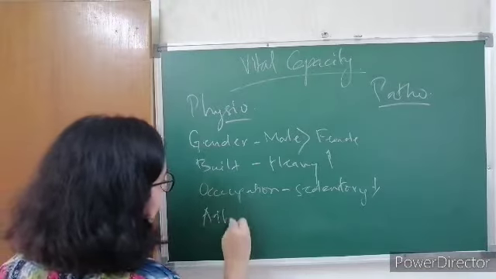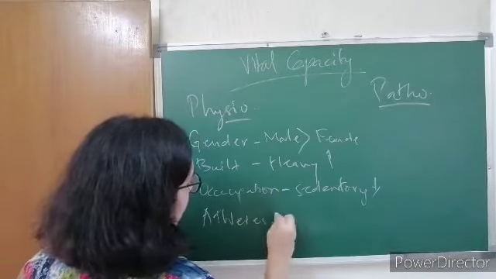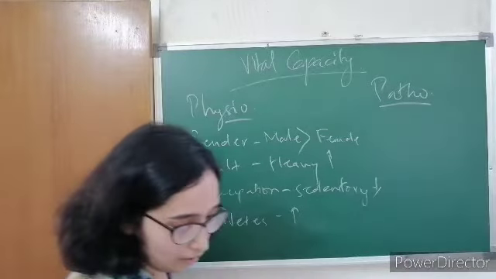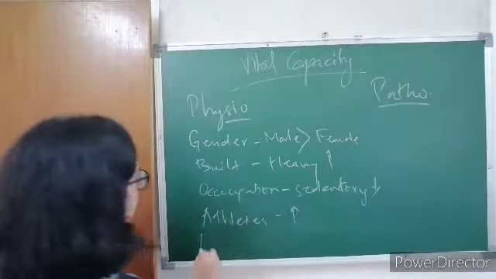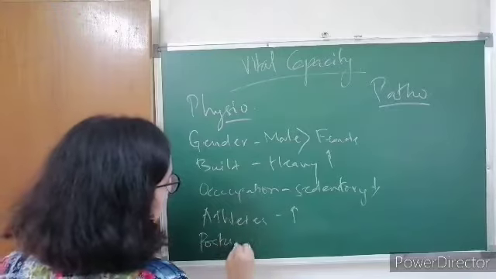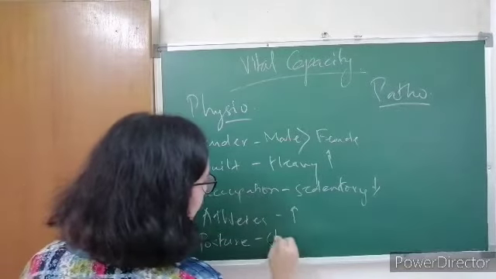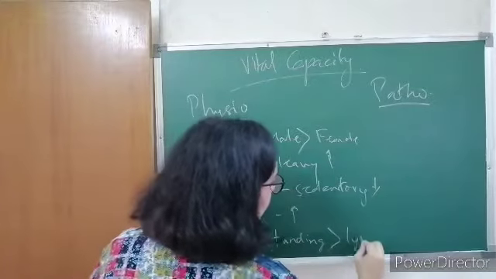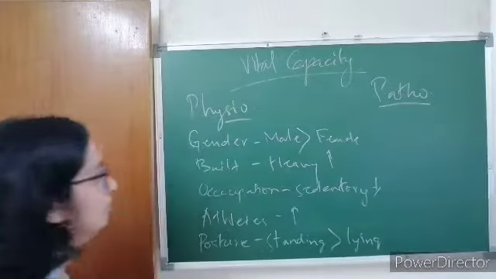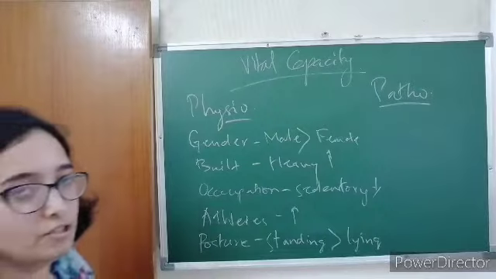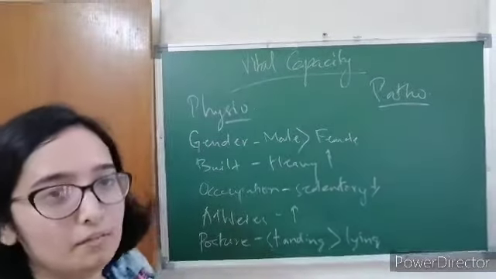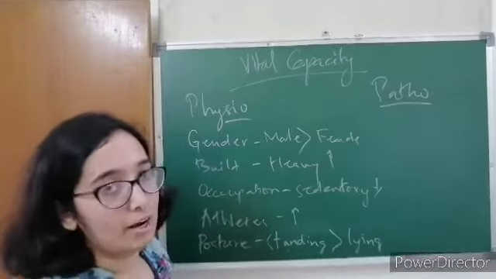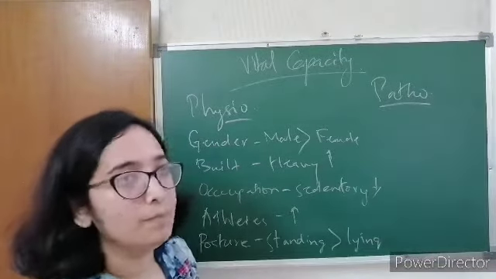Next, in athletes, they will have a high vital capacity. And lastly, posture. So in standing, the vital capacity will be more than lying. Okay. So these are the physiological variations. In male it will be more, in heavy built it will be more, and sedentary lifestyle it will be less than an active lifestyle and an active occupation.